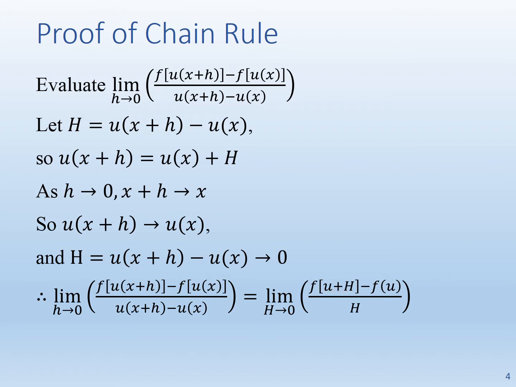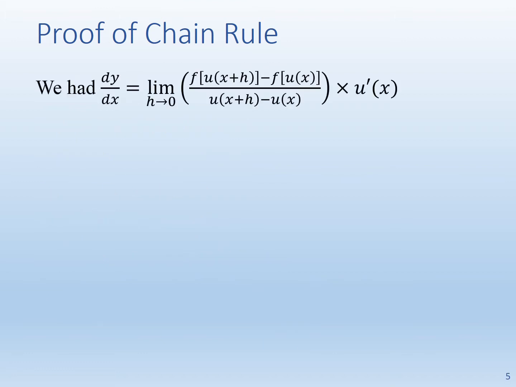And then we have our f of u, again of x there. And we saw that as h approaches 0, then we end up with the capital H also approaching 0. So I've replaced this limit of little h approaching 0 with the capital H approaching 0. And we now recognize that to be exactly the same as the derivative of f of u. So it's the derivative of the f as a function of u.